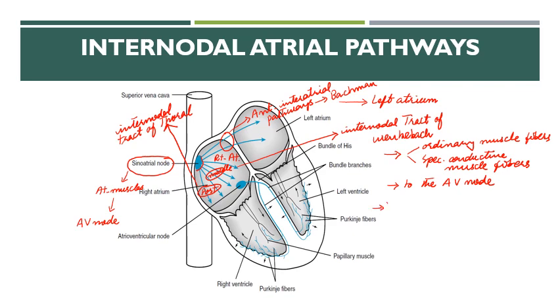Velocity of conduction in interatrial pathways is 0.3 meter per second, but this velocity is highest in the anterior internodal pathway of Bachmann.